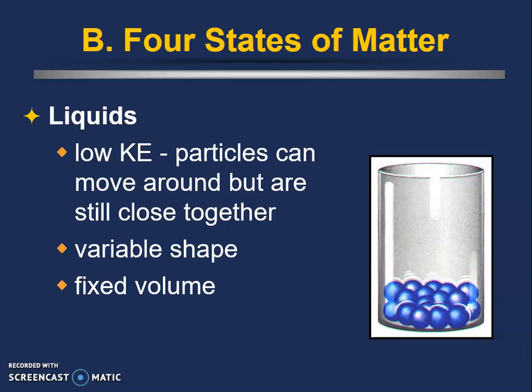Liquids still have the same volume. They don't change volume, but they can change shape. Liquid water takes on the shape of its container. If you pour it into a round container, it becomes round. If you pour it into a square container, it becomes square. So now we can change the shape, but it still stays the same volume.